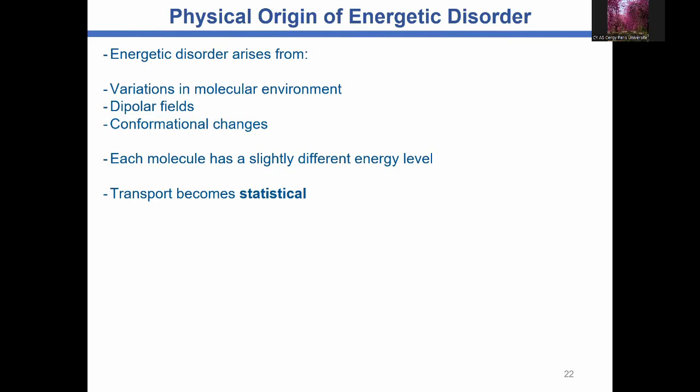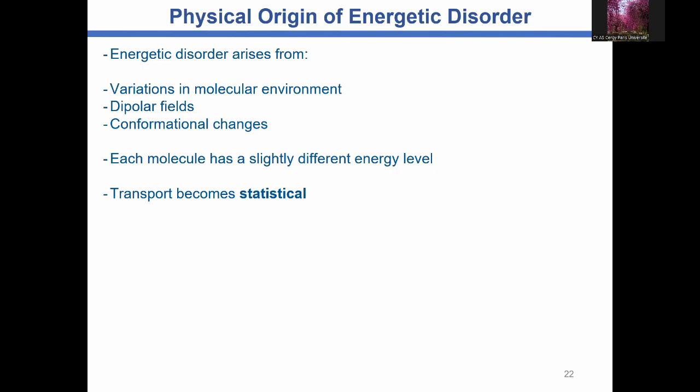So the disordering, as I said, can be related to the morphology organization, but this morphology organization can vary if we have dipolar fields, which can be done using another atom nearby or molecule.